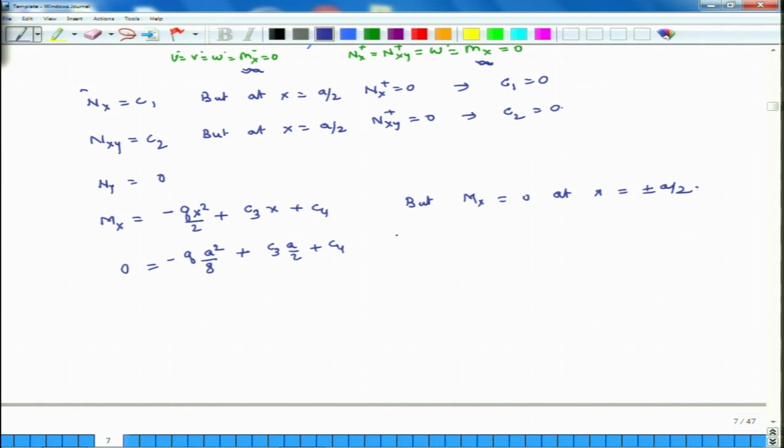And when x is equal to negative a over 2, I still get q a square over 8 minus C3 a over 2 plus C4.